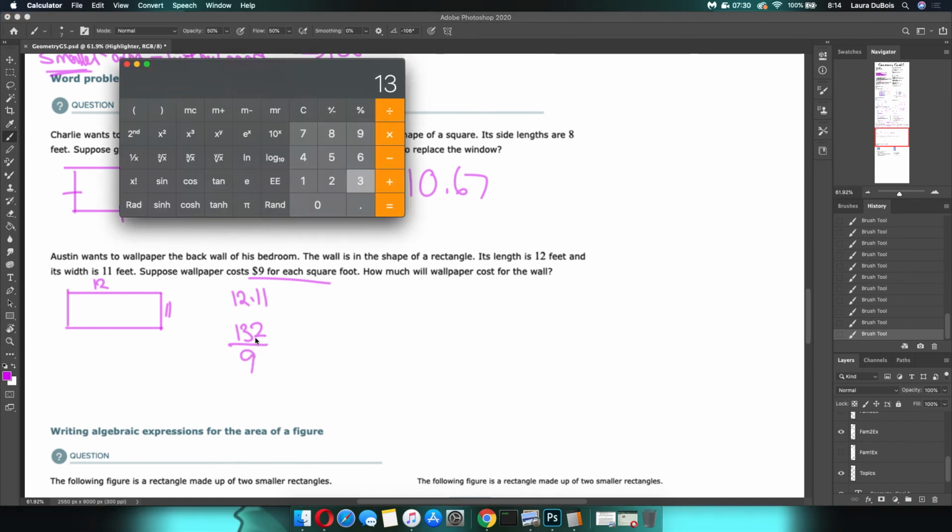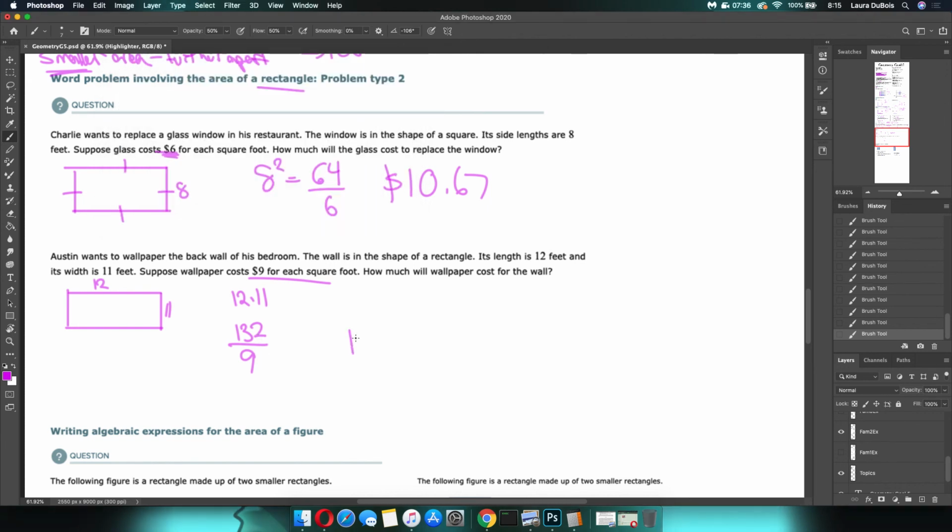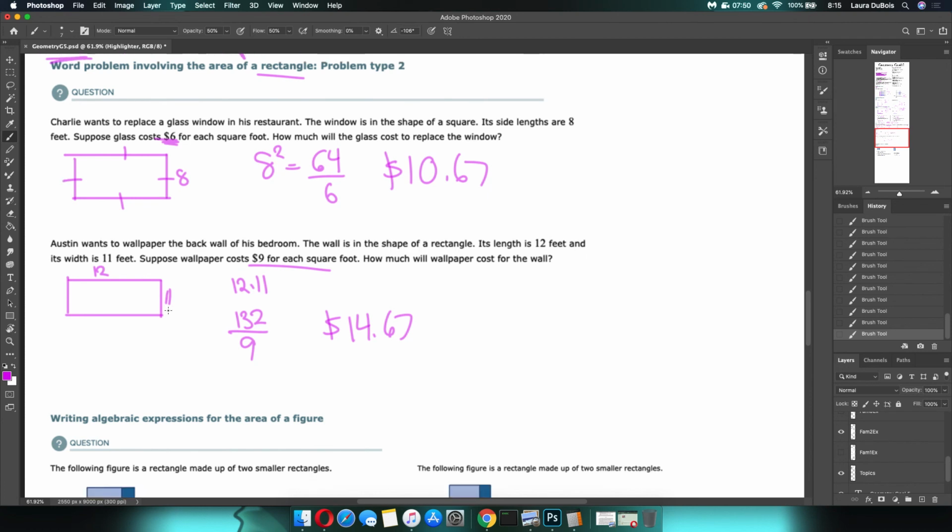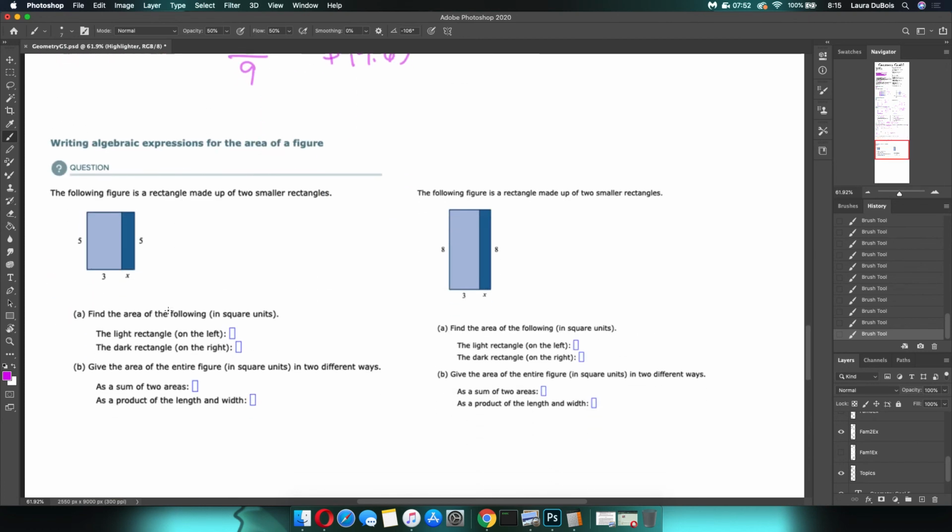So 132 divided by 9, that's not going to divide evenly. 14.67. So that's going to be $14.67. It doesn't say anywhere here about rounding, so I either just didn't copy it in my screen grabs. If you guys figure out that it's rounding to a different thing, like the nearest whole number, let me know in the comments.